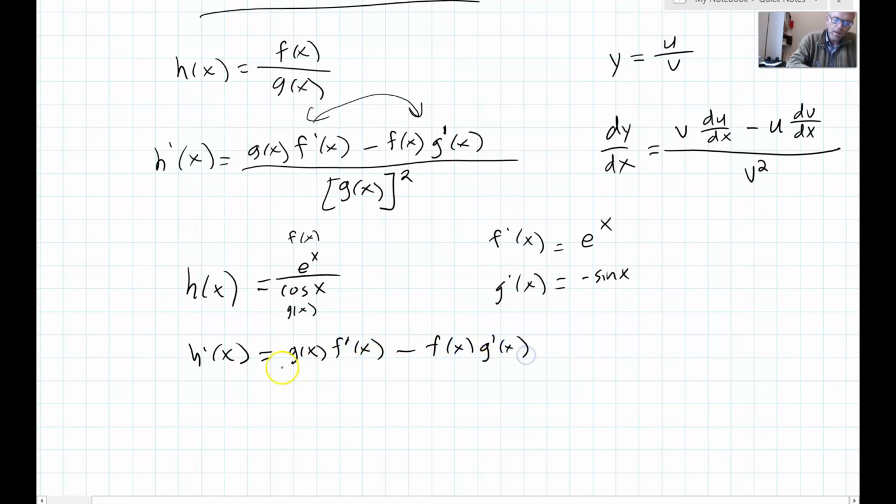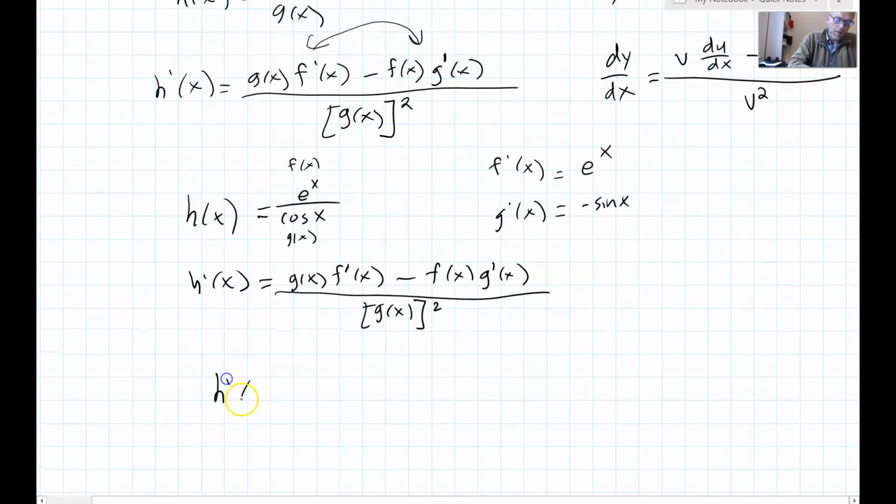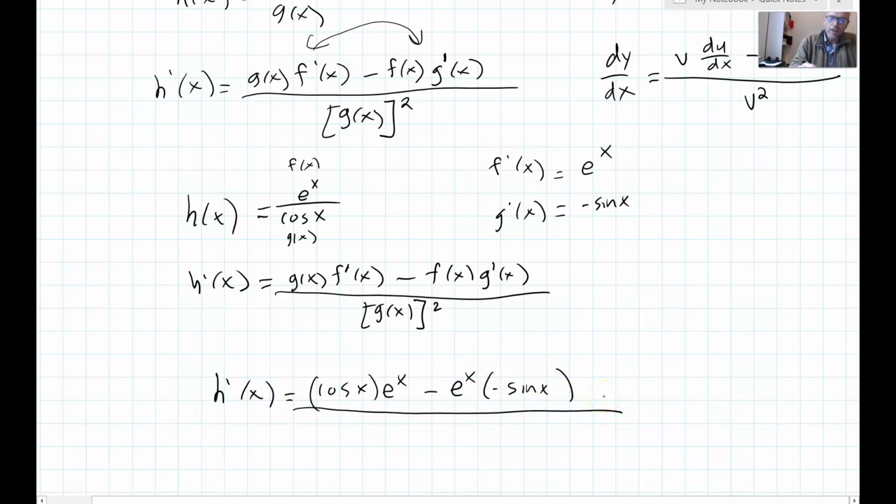So now I'm going to start plugging in the things I want. h prime of x would be equal to g, which is cosine x, times f prime, which would be e to the x, minus f, which is e to the x, times g prime, which would be negative sine x, all over g squared. Remember, g is cosine, so that would be cosine squared.